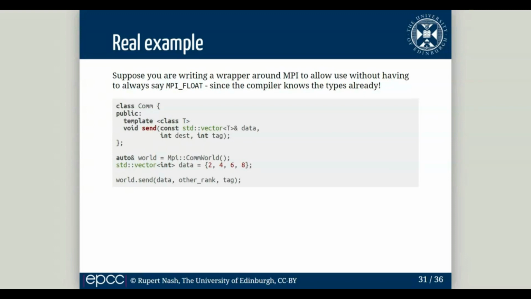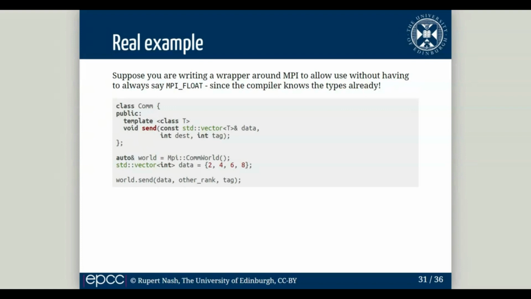It's going to have a send function, which is going to send a vector of some type T. You don't know T a priori. We're going to set up some communicator to tell how we're going to communicate between different things. That's an implementation detail. And we're going to send a very simple vector of just 2, 4, 6, 8, and we're just going to call send.